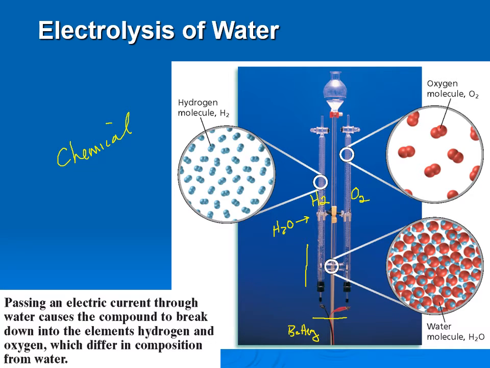Now this is not hydrogen peroxide. This is hydrogen gas and oxygen gas. It's different. And this is breaking water down, and so this is a chemical change, and this particular chemical change is simply called electrolysis, using a mild electrical current to break the bond.